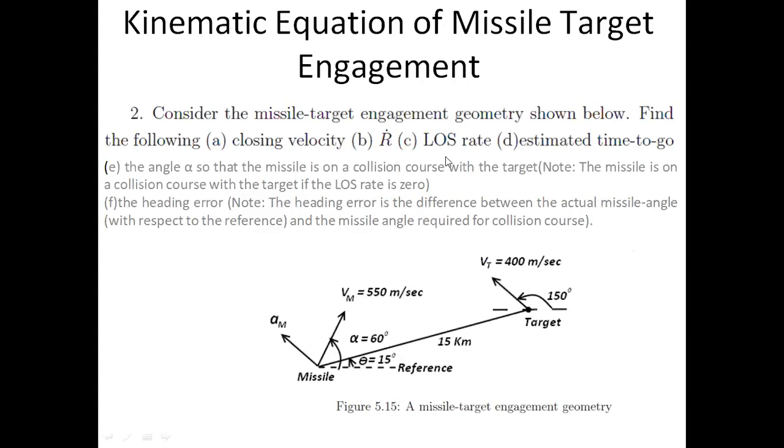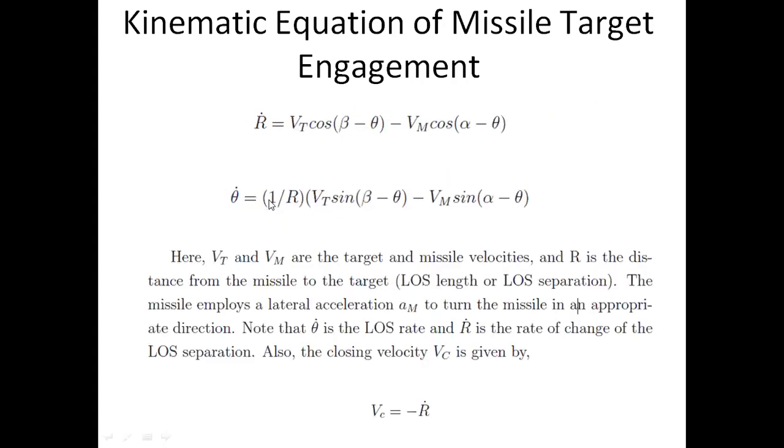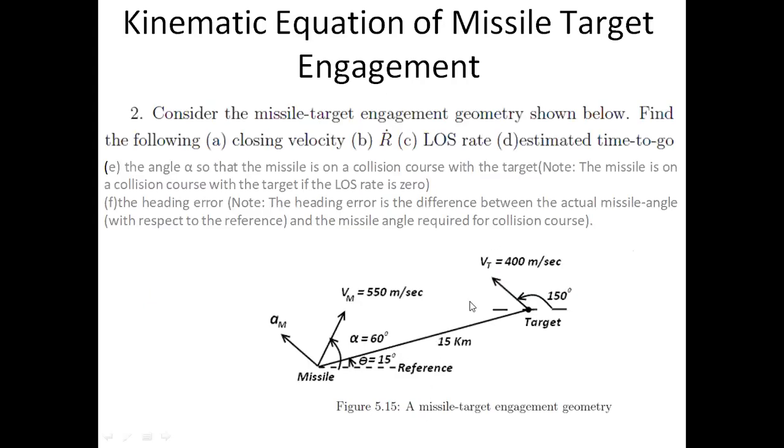Then we need to find out the LOS rate. The formula is given here: 1 by R times Vt sin(beta minus theta) minus Vm sin(alpha minus theta). All the data is given, so you can quickly find out the LOS rate. Then time to go.